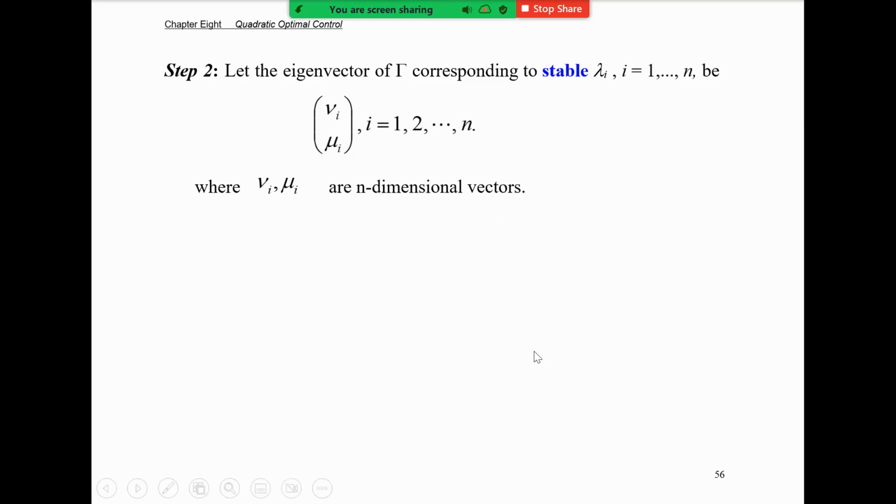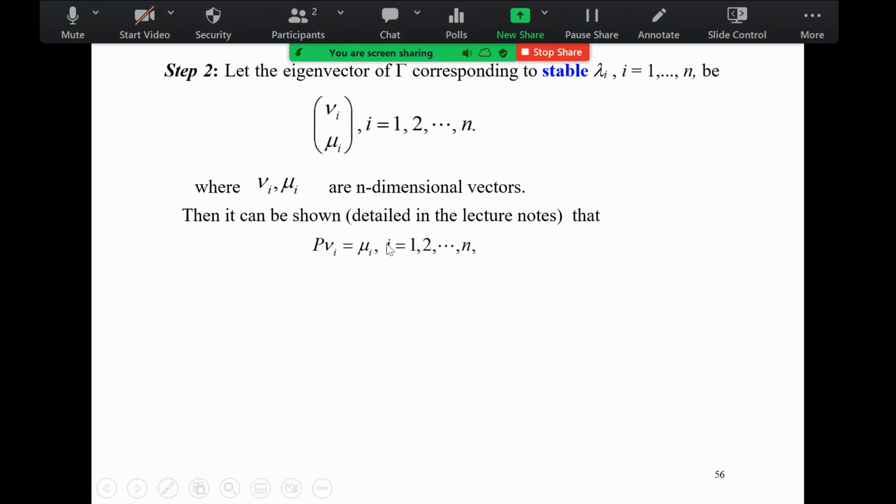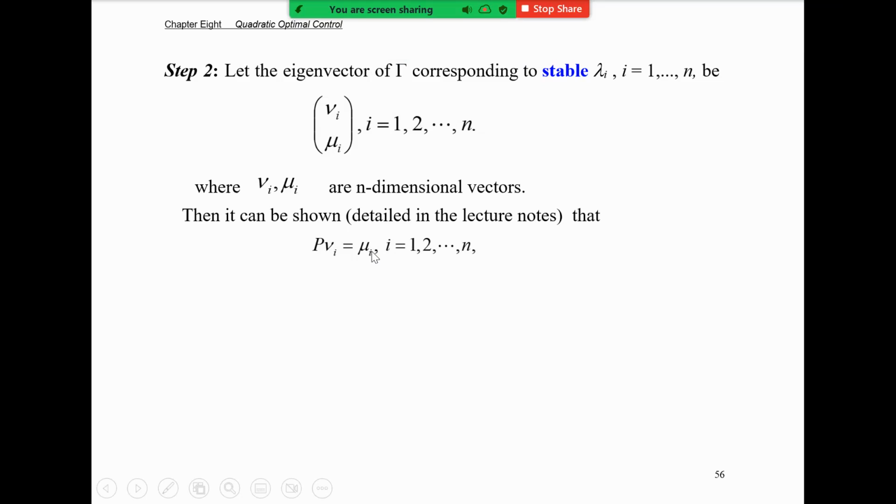Then it can be shown, and if you're interested, you can find the details in my lecture notes, that those eigenvectors are related to the P matrix. P is the solution to the ARE. P times the upper eigenvector equals the lower eigenvector.